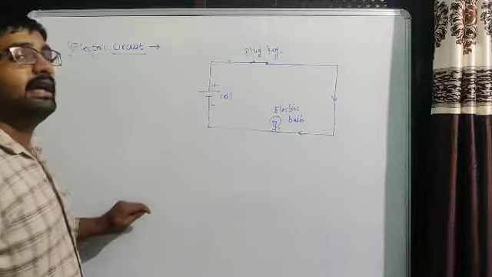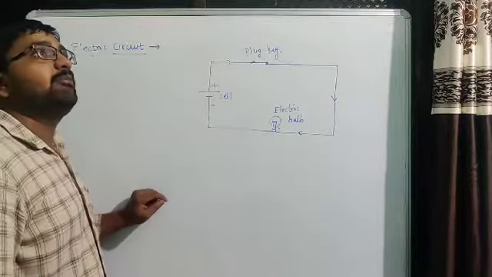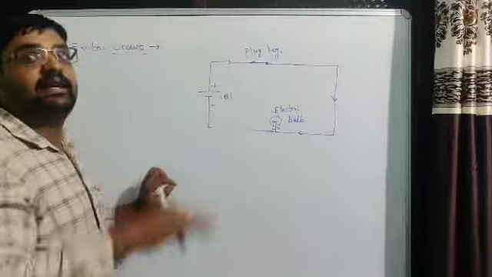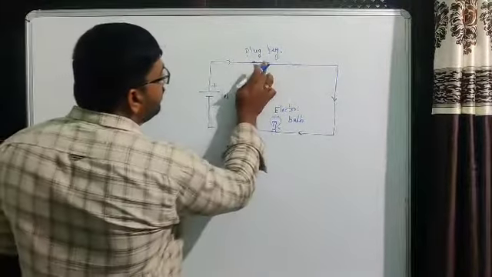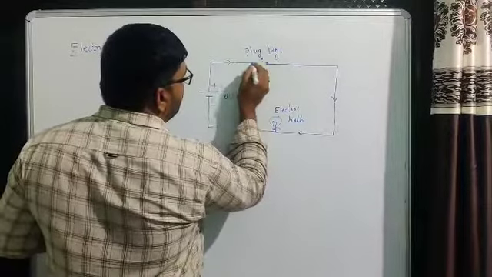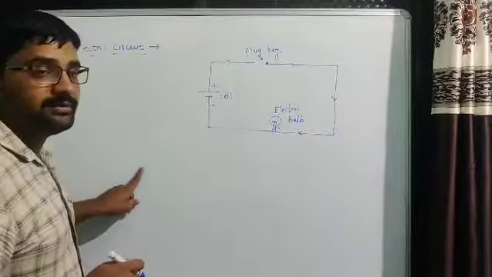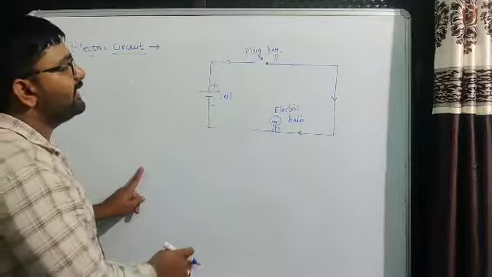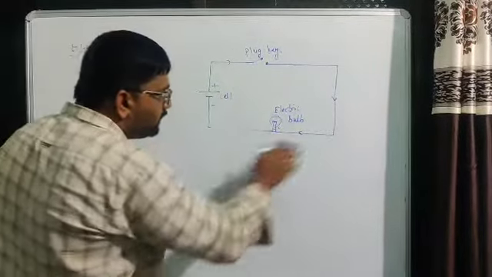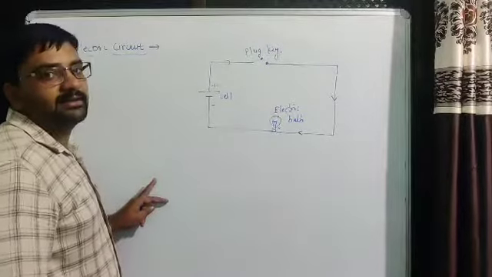We see various types of wire in our home also. If some wire gets cut, it is not a proper connection, and in our home, if some wire gets cut, current does not flow through that circuit.